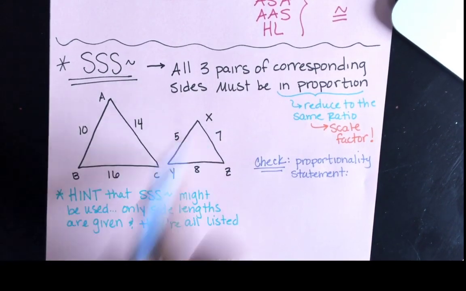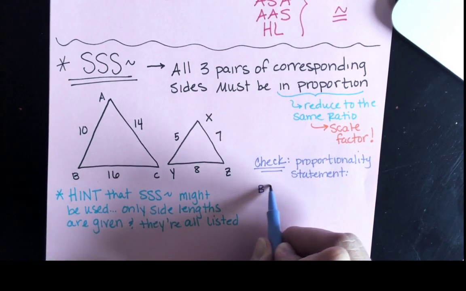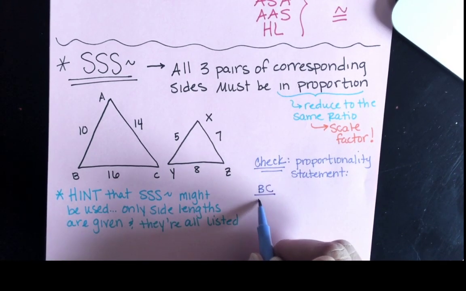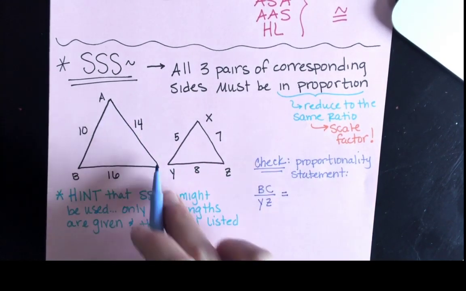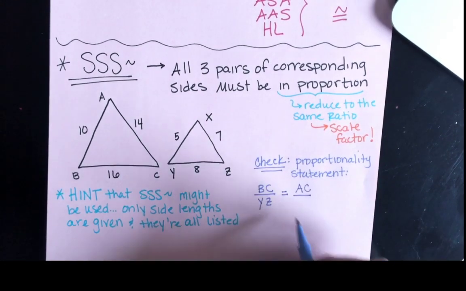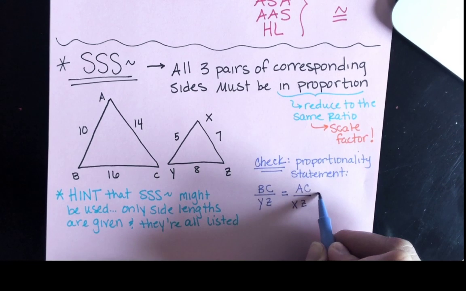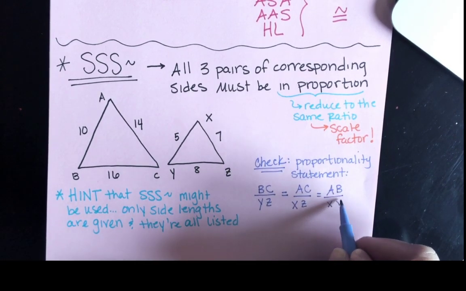I'm going to work left to right to keep things in order. So BC over YZ would have to equal, I'm going to choose AC next because it's just the next longest, XZ, and then I'm going to pick AB to XY.